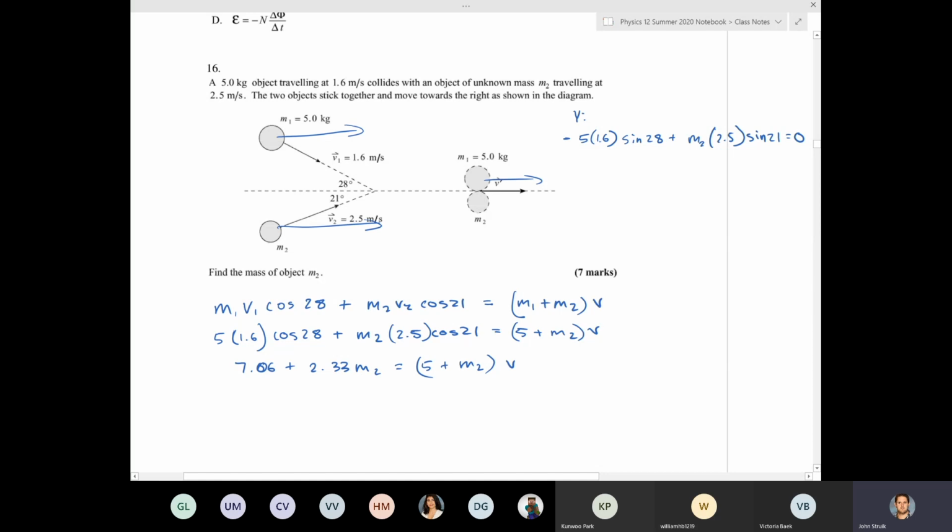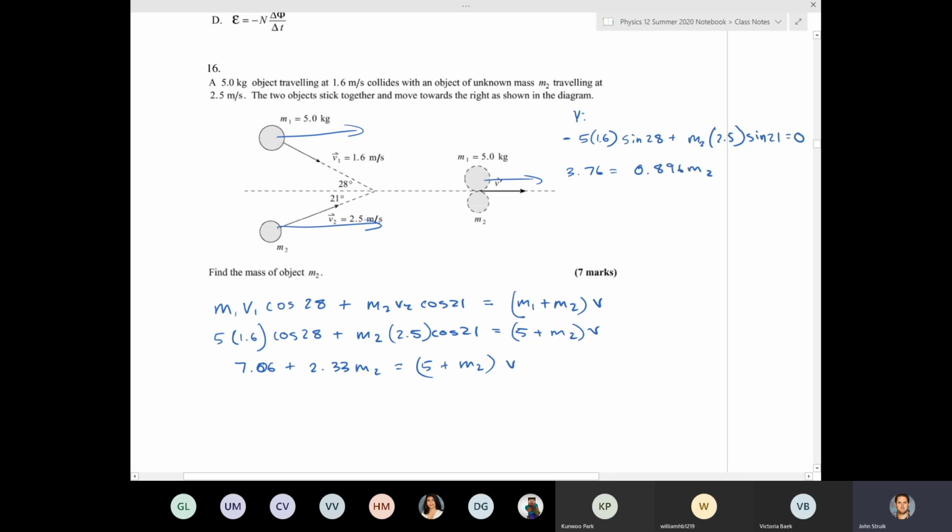And so then what you get is these two are equal. So 5 times 1.6 times sine 28 is 3.76 equals, and then 2.5 sine 21, this is 0.896 m2.